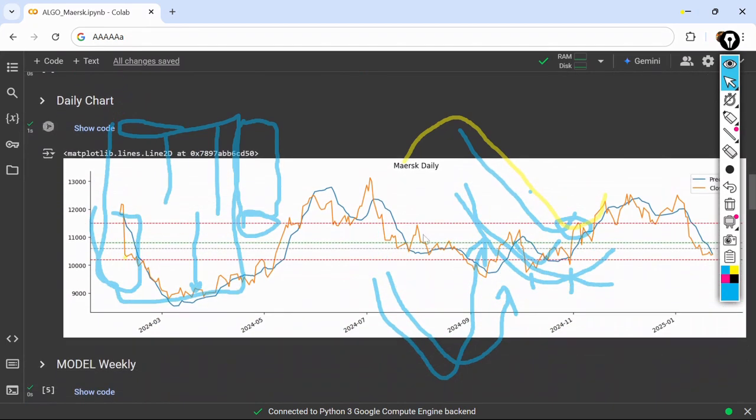As I discussed, the regression line is the blue predicted line. It came down, it consolidated, and the closing price is going above. At some point it will move around the regression in some cases, but here it consolidated, closing price above, and then here it's very big.